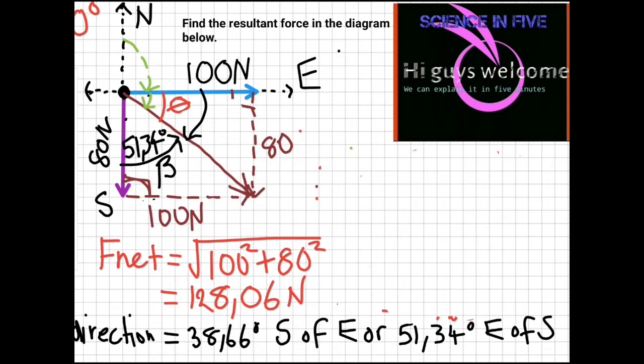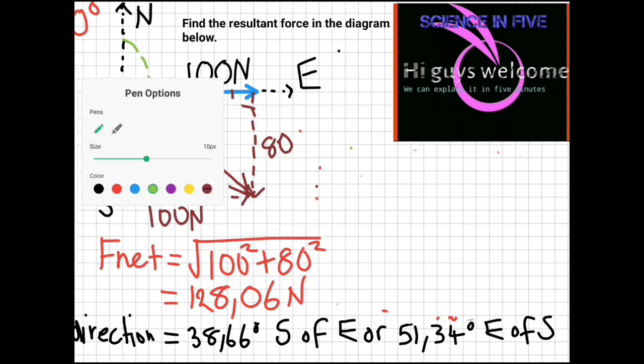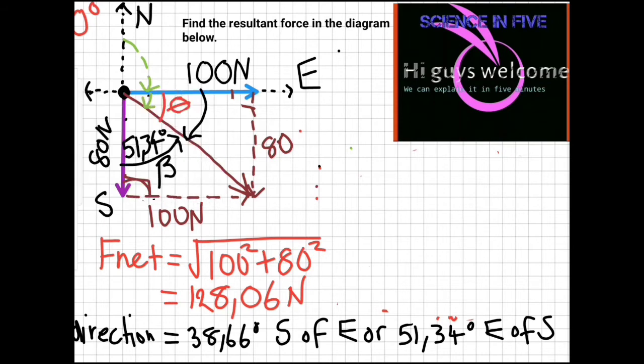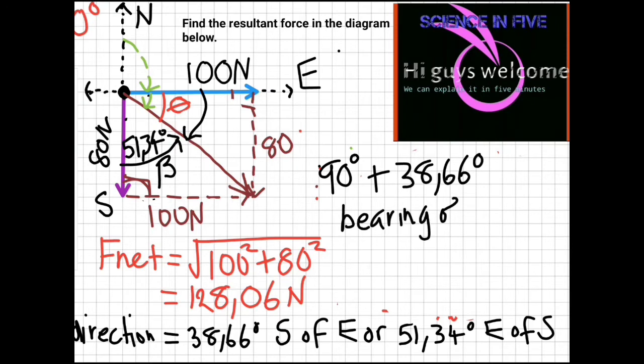So you could also say the direction could be 90 degrees plus the 38.66, which comes out to a bearing of 128.66 degrees.